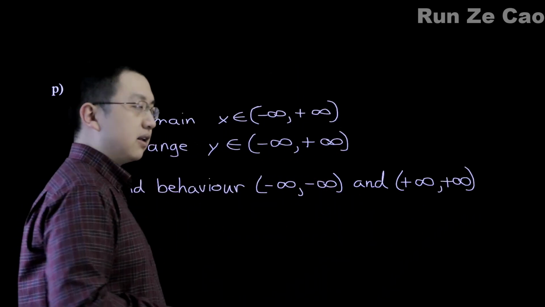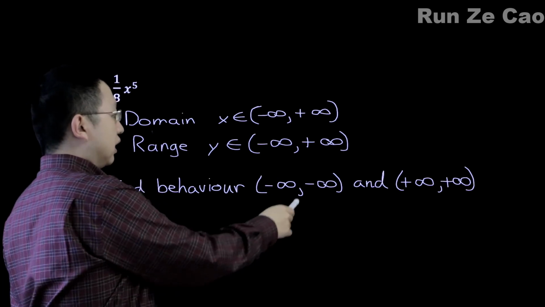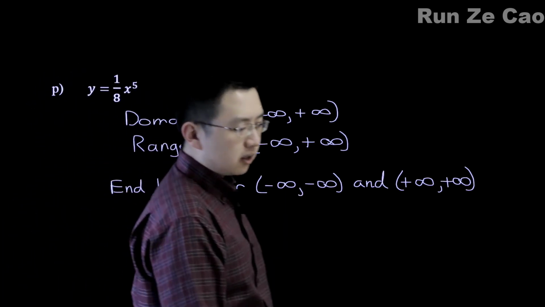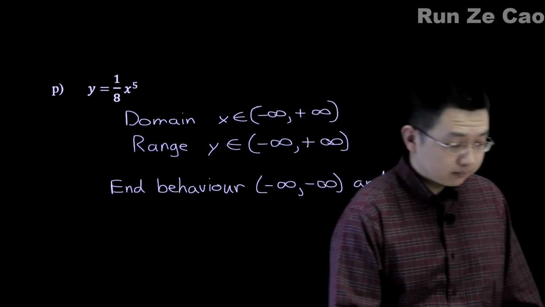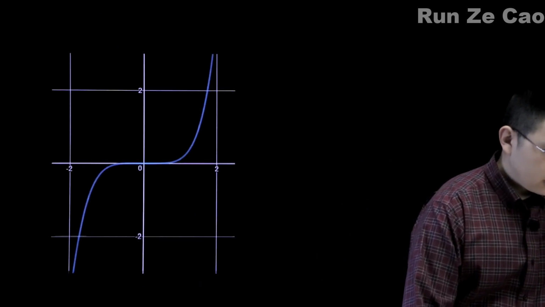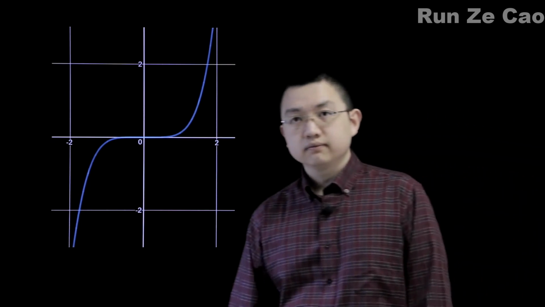Thus indicating that at x equals negative infinity, we get to y equals negative infinity, and positive infinity, positive infinity. So here we have the graph.